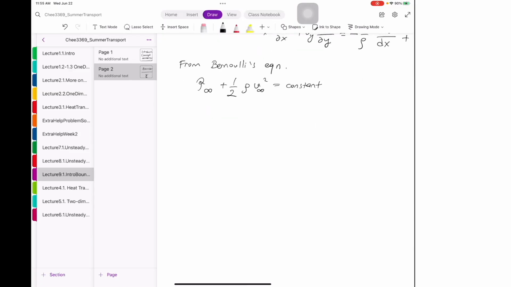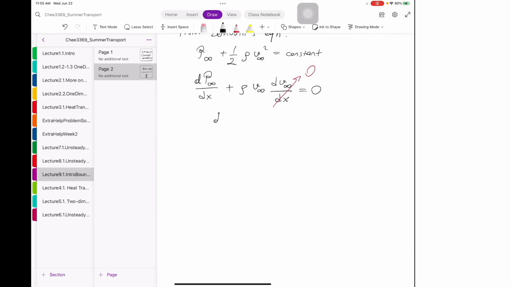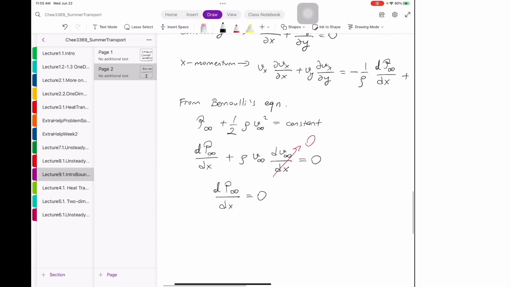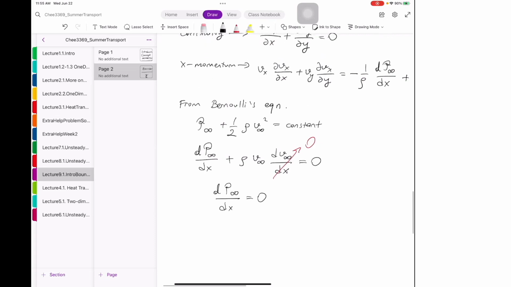If you take the derivative with respect to x, you get dP infinity over dx plus rho V infinity times dV infinity over dx is equal to 0. And you know that V infinity does not change with x, it's a constant for this problem. So you find that dP infinity over dx is 0. It's a pretty good approximate simplification.